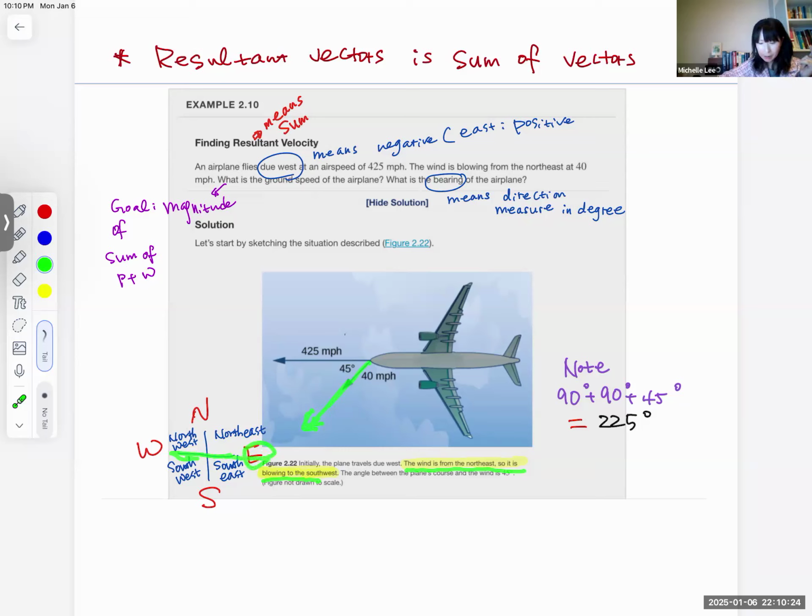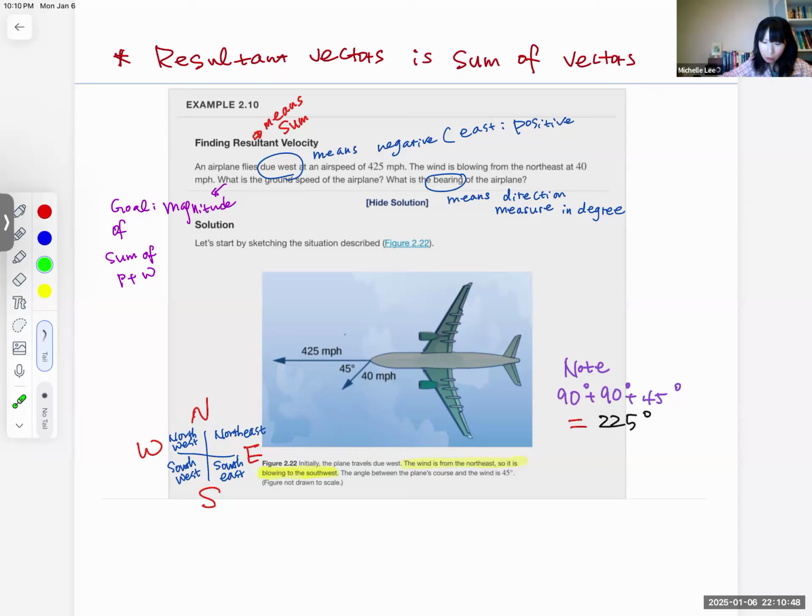Look, this is the east, this is the west, this is the north, south, then this is the northeast, northwest, southwest, southeast. Make sense?